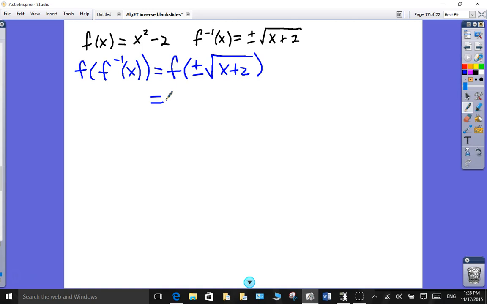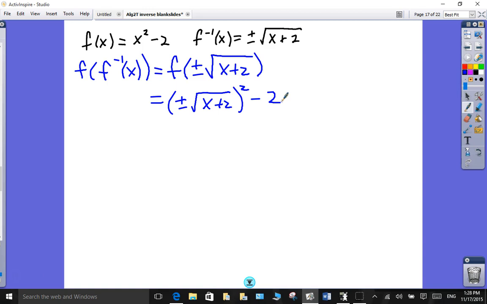Right? So that looks like plus or minus the square root of x plus 2, squared, minus 2. Well, what's going to happen when you square a plus or minus? It'd be positive no matter what, right? So it actually gets rid of the plus or minus.